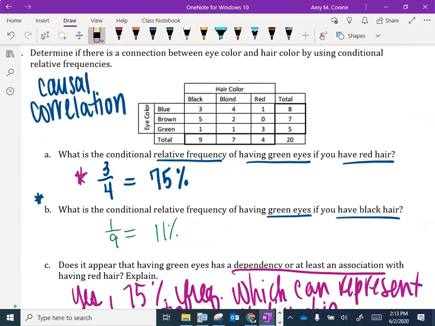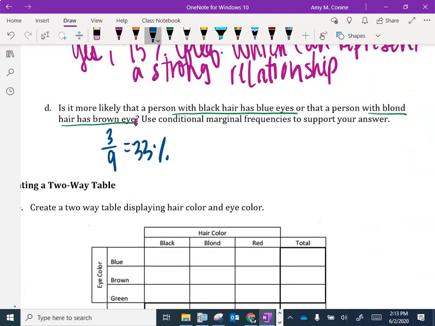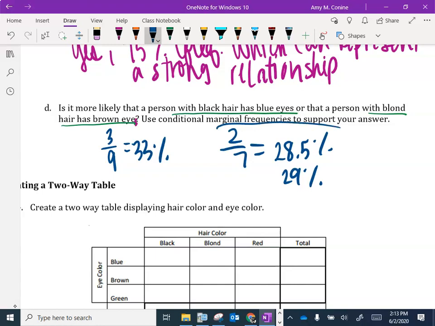For blonde hair and brown eyes, we have 2 out of 7. When we calculate that, we should get about 28.5% or 29%, however you want to round. So it is more likely to have blonde hair and brown eyes. Or no, I'm sorry. Wow. You can tell it's the end of the school year. It's more likely to have black hair and blue eyes.